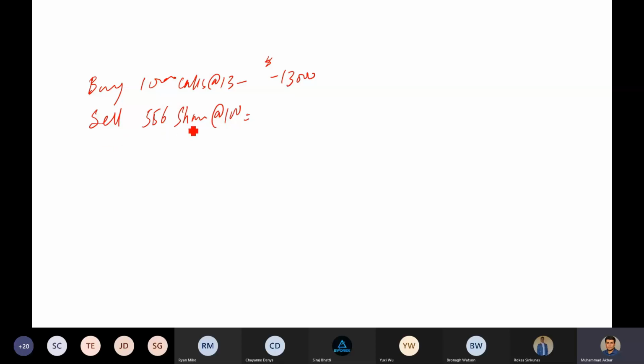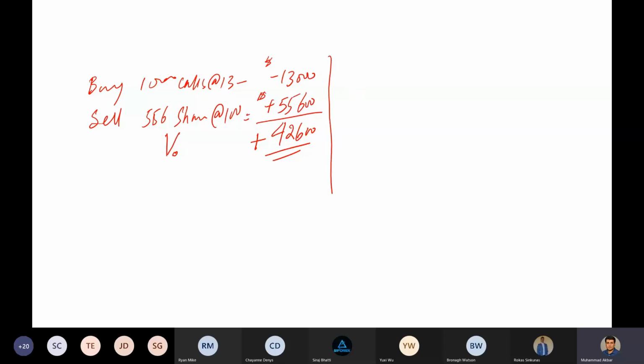So if you sell 556 shares, you will generate $55,600 from it. That is a positive cash flow. If you use 13,000 of this cash flow to buy these calls, you will still be left with 42,600 positive upfront cash flows. So this is the value of the hedge portfolio at the start.